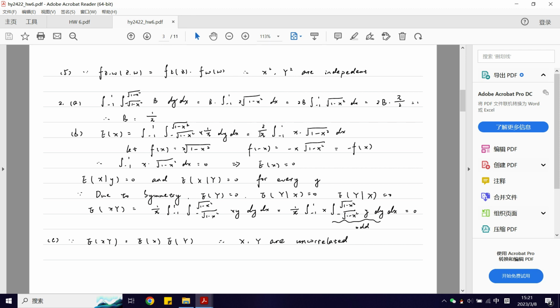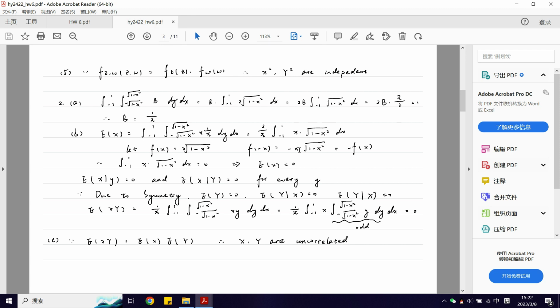So first we calculate the expectation of x. Also we need to do the double integration and multiply x by the function fx. After simplifying, the result will be 2 divided by pi times the integration from -1 to 1 of x times square root of 1 minus x squared dx.